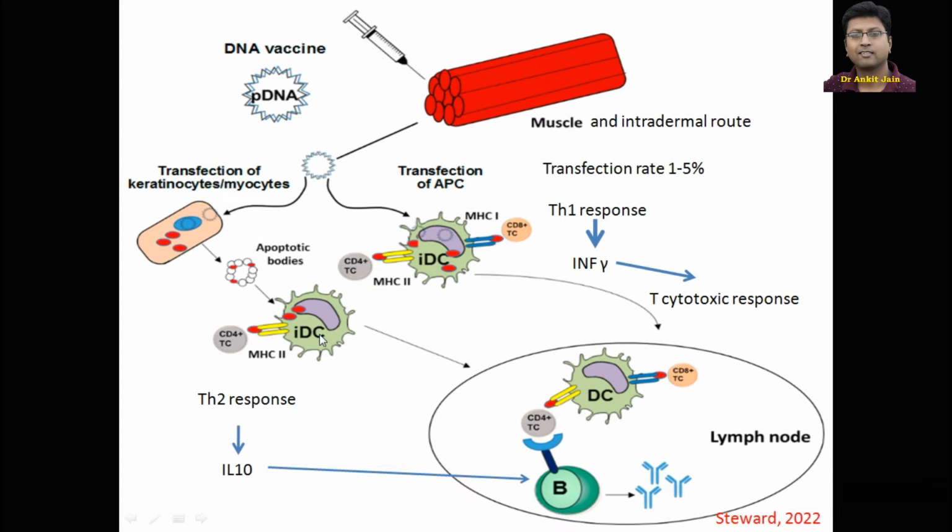When the dendritic cell expresses it on MHC class 2, the T helper cell will be activated and produce a T helper cell 2 response, leading to production of interleukin 10, and the interleukin 10 finally activates the humoral immune response. While when the dendritic cell expresses this antigen on the MHC class 1 molecule, it will activate CD8 cytotoxic T cells, and it will produce a T helper cell 1 response, leading to production of interferon gamma, and the T cytotoxic cell response leads to cell death.